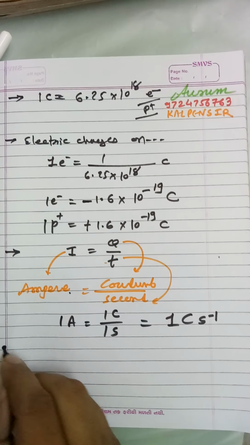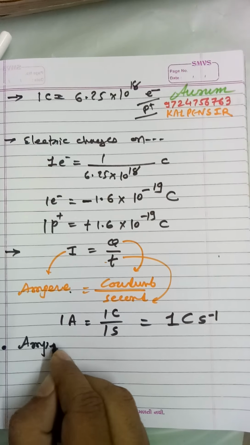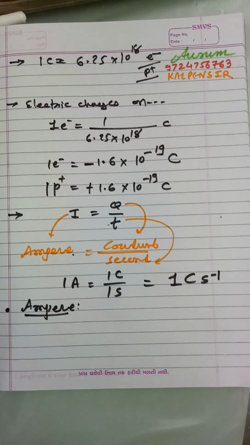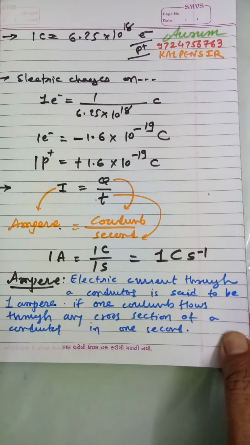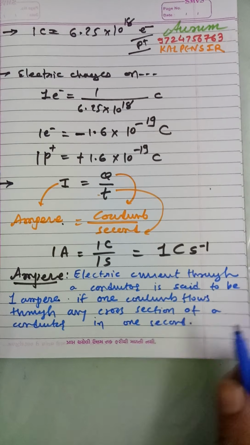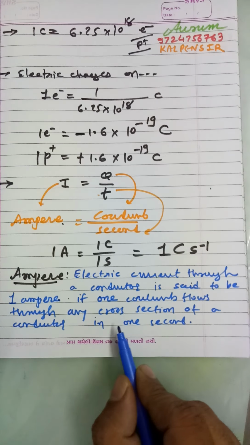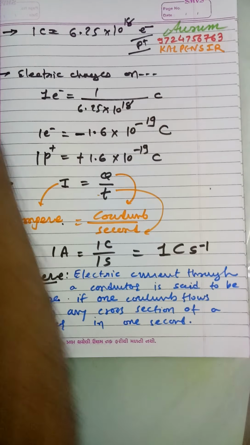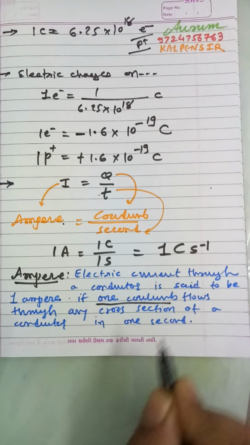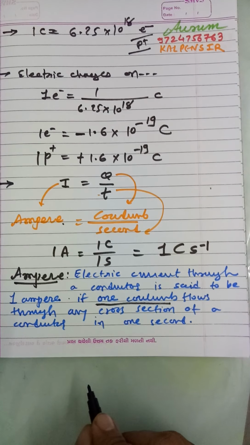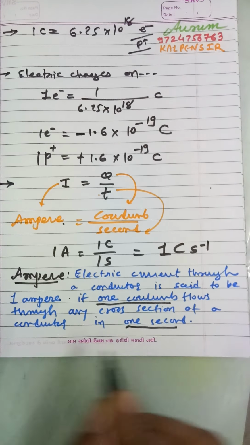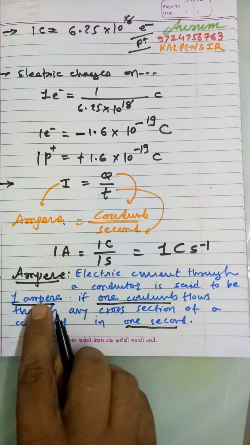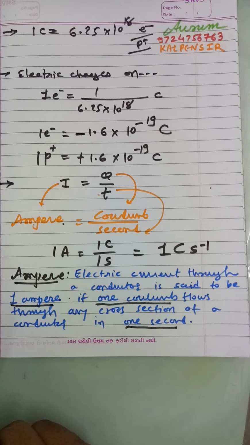Now let us see about the ampere. Electric current through a conductor is said to be 1 ampere if 1 coulomb flows through any cross section of the conductor in 1 second. Then the current flowing through the conducting wire is 1 ampere.